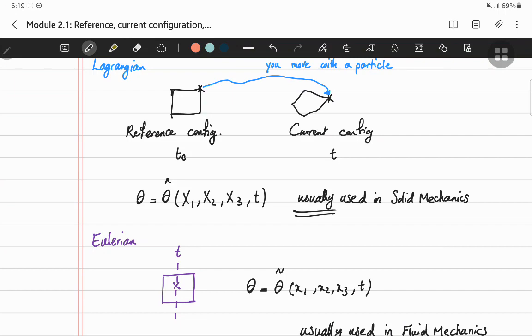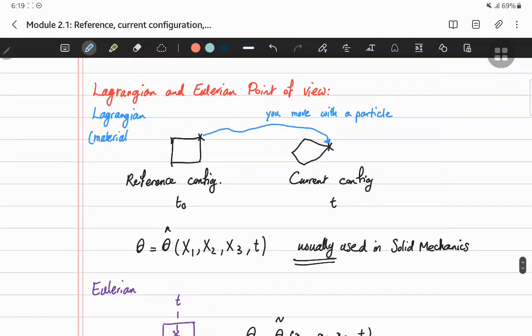The book also uses material coordinate, or material, sorry, Lagrangian or material description. This term.